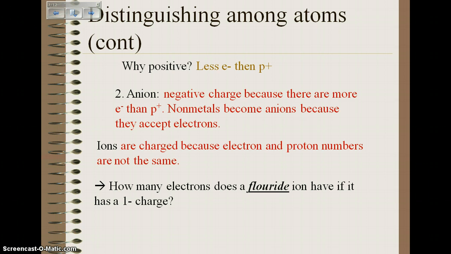So, since it has an atomic number of 9, if it was a neutral atom, we know that it would have 9 protons and 9 electrons. However, if it has a 1 negative charge, that means the protons and the electrons are not equal. A 1 negative charge means that it would have 1 extra negative. Therefore, it would have 10 electrons.